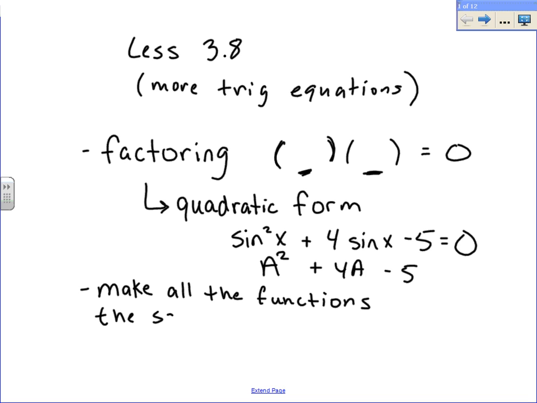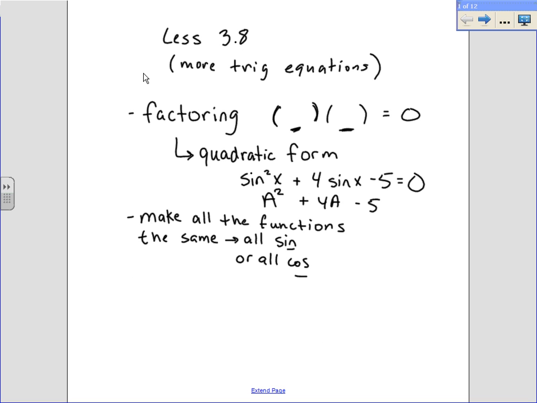Okay, so what I mean by that is we want to make them like all sine, or all cosine. I don't want to see sines and cosines kind of mixed in together. So if I have sine and cosine, if I could change my cosines to sine somehow, or my sines to cosine somehow, then I want to do that.